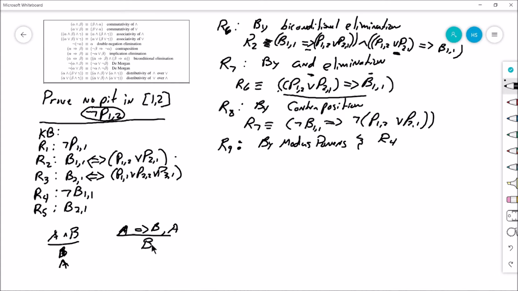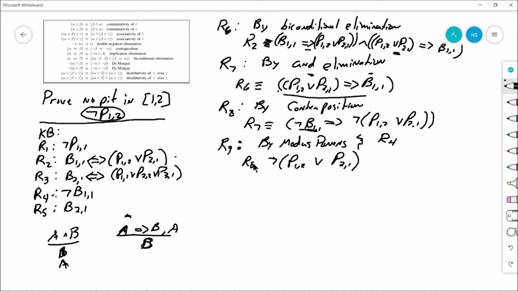So what was R4? We said there's no breeze in 1,1. That's going to be our given, the A part. So that's given, which means that we can infer the sentence not P12 or P21. So that's our new sentence, which we're labeling R9.